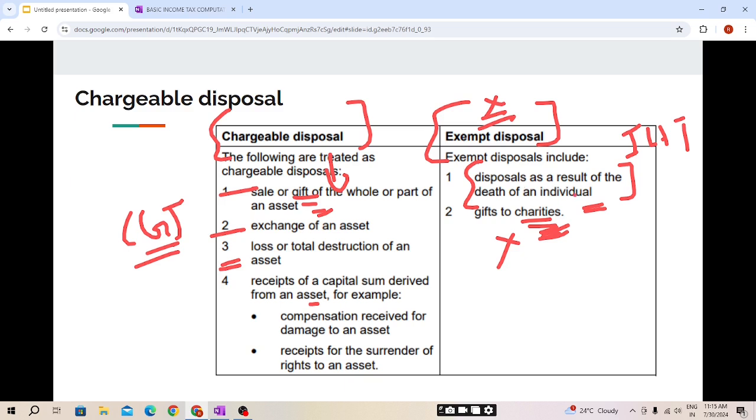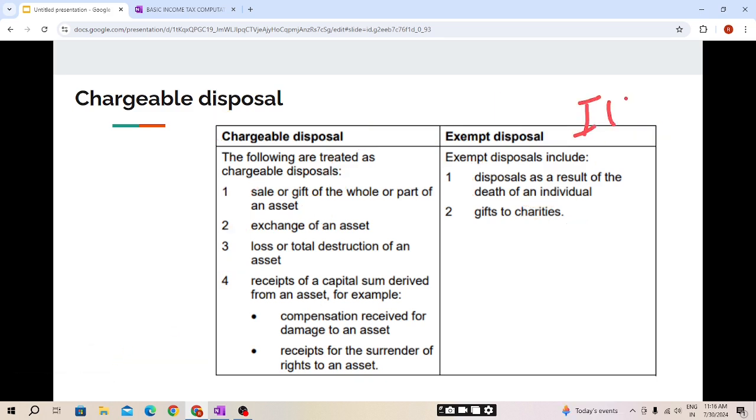Disposal as a result of death of an individual will be exempt from CGT. When we transfer assets, students, on the death of an individual to his son or family members, it will be exempt and it will be covered under the IHT, inheritance tax. We will be covering inheritance tax in more detail.